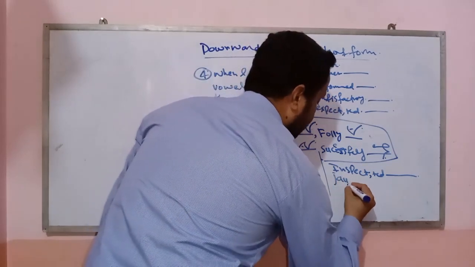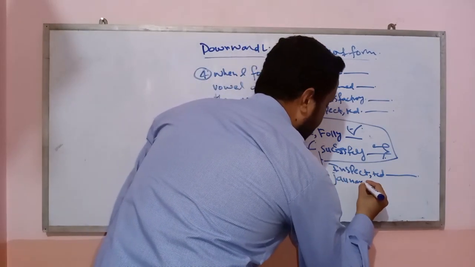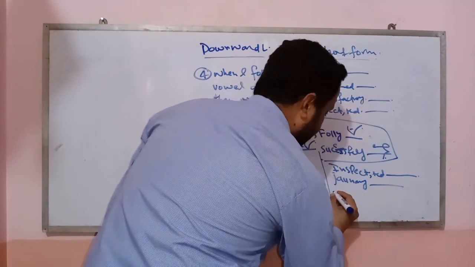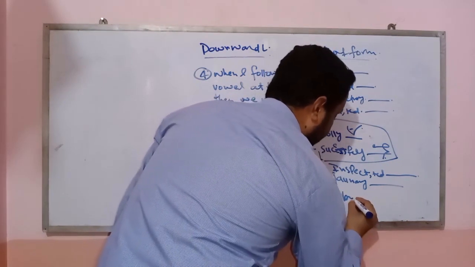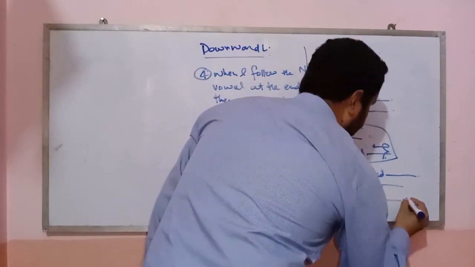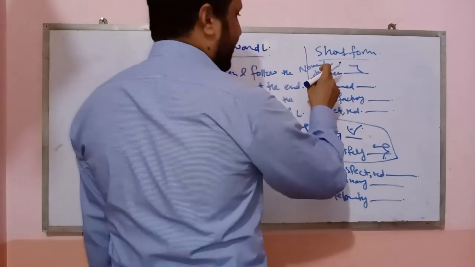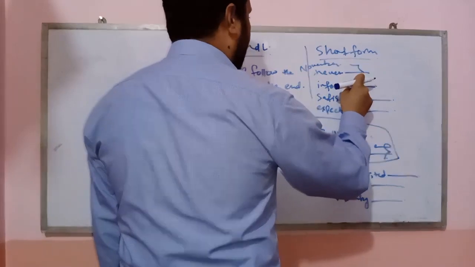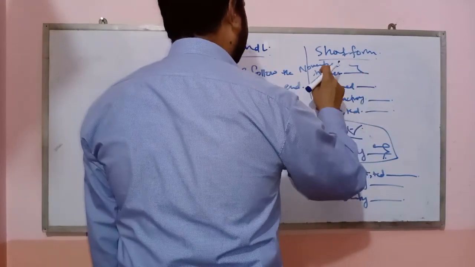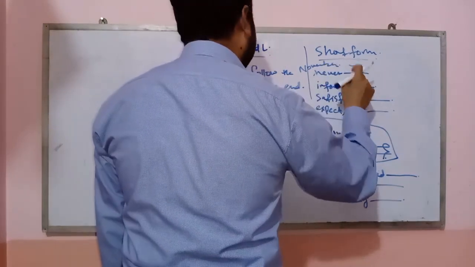January. February. Okay, now we draw the outline. November. Never and November have the same outline, and you will differentiate between these two words during the transcription.